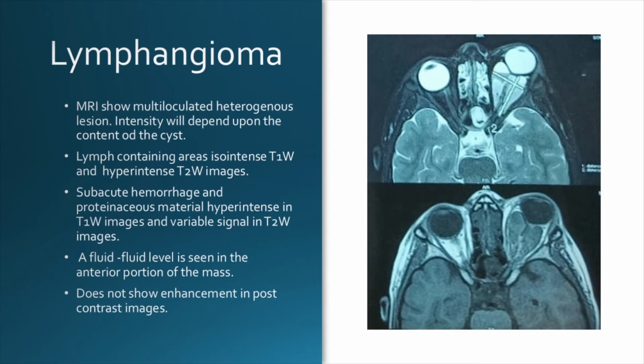The part of the lymphangioma containing lymph will be darker in T1 weighted image and hyperintense in T2 weighted image, while more proteinaceous and subacute hemorrhages in lymphangioma will be brighter in T1 weighted image and hypointense in T2 weighted image. Here, the lesion is showing multiple cystic areas with a fluid level in the anterior part of the lesion.